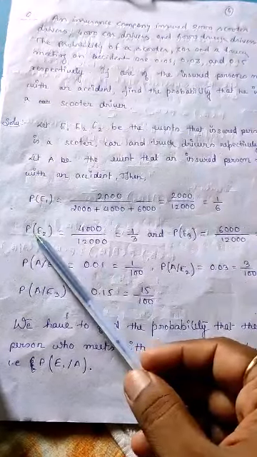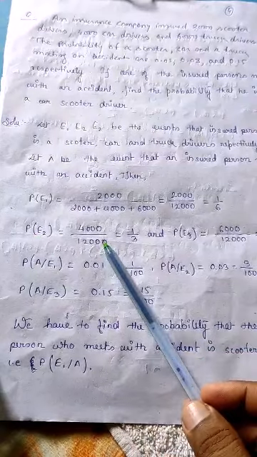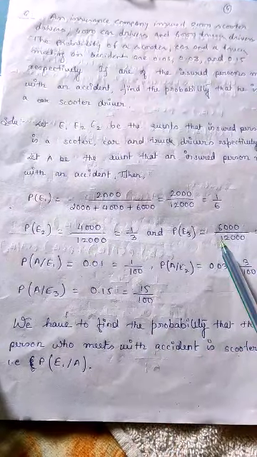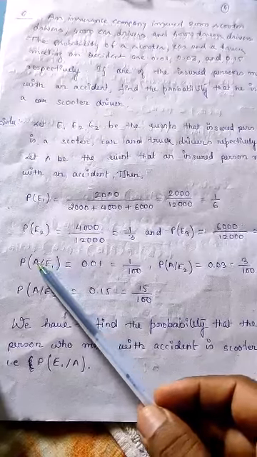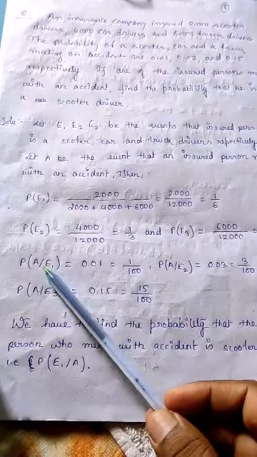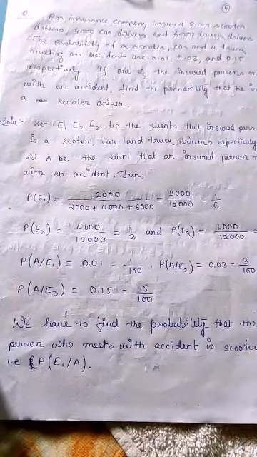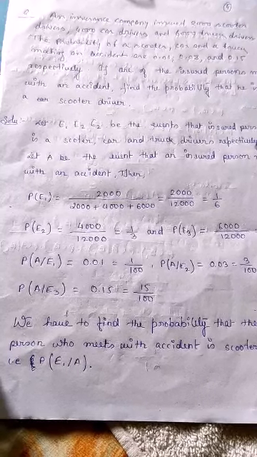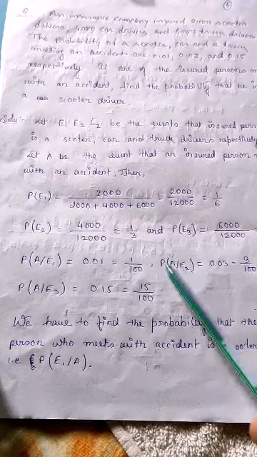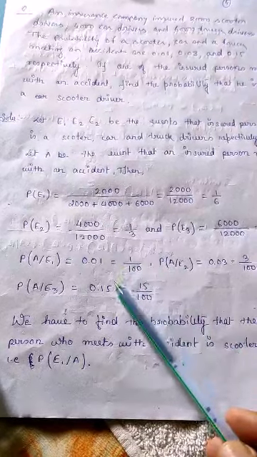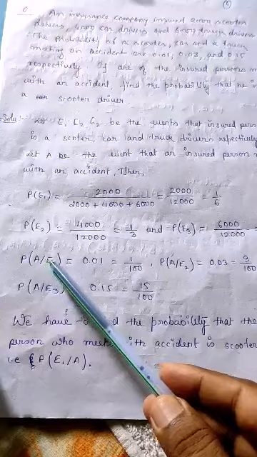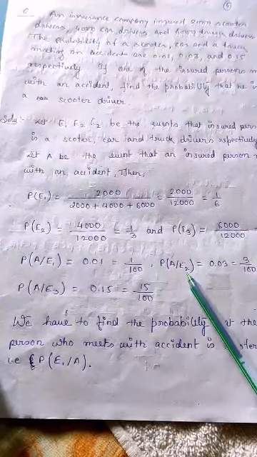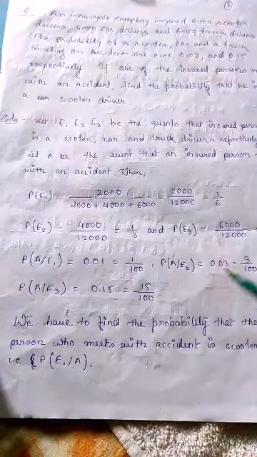In the same manner, we can find the probability of car driver and truck driver. Then in the question itself it is given that the probability of a scooter driver meeting an accident is 0.01. This is given in the question, so this is P(A/E1). Similarly, for truck driver and car driver it is also given percentage-wise.